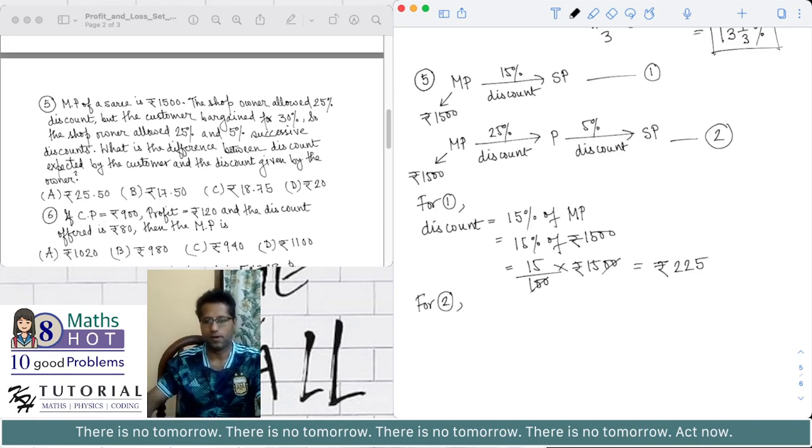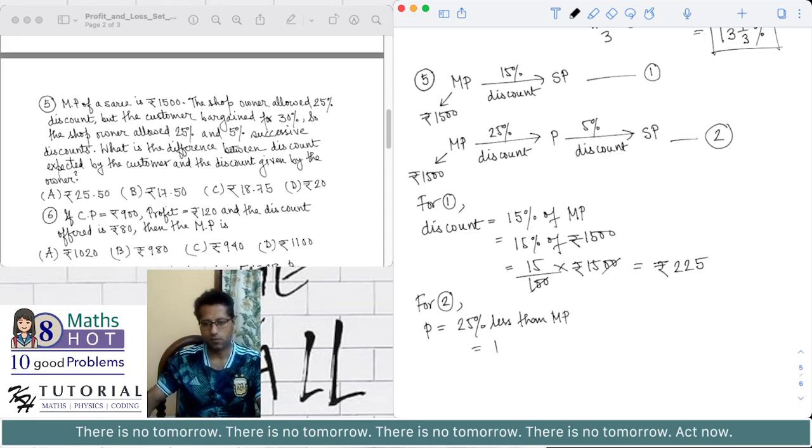So for scenario 2, P is equal to 25% less than the mark price.